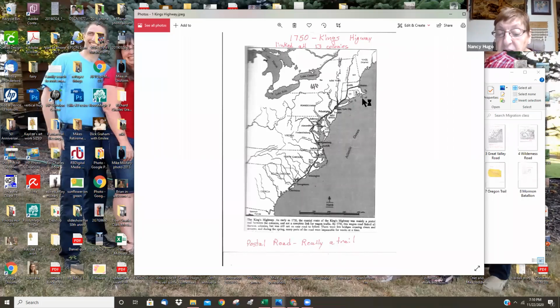Now, the King of England wanted to make sure that he could send postage from one colony to another. So he designated that they needed to make a postal route. And this postal route was a man on horseback. And one time somebody went with him on his postal route from Boston down to Charleston.